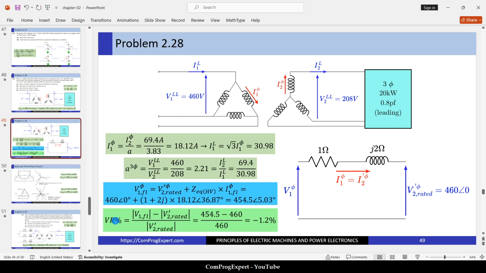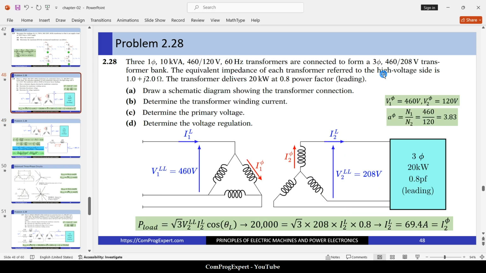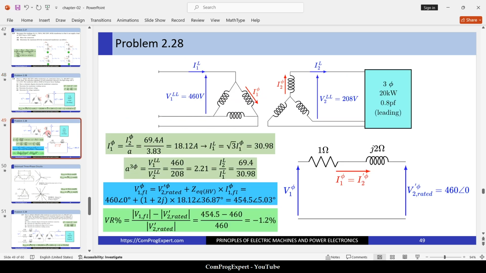So I'm going to use this equation to calculate the voltage regulation. Here we can write, consider that this internal impedance is for the high voltage side. Because of this, I calculated quantities for the high voltage side.